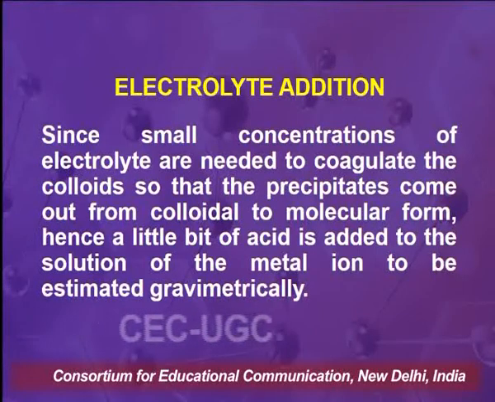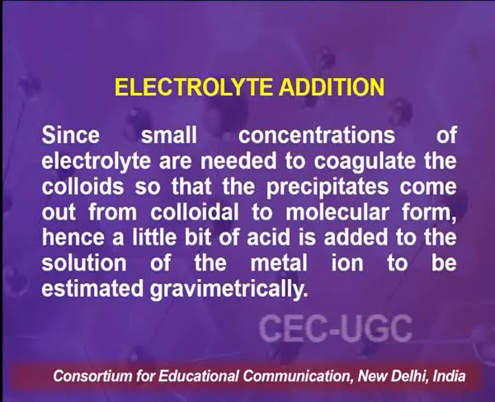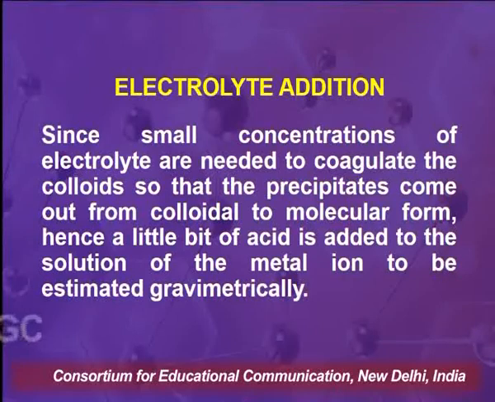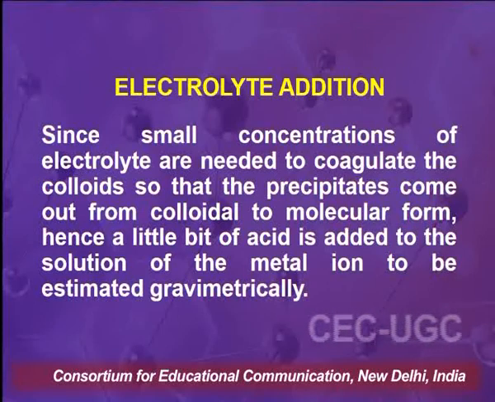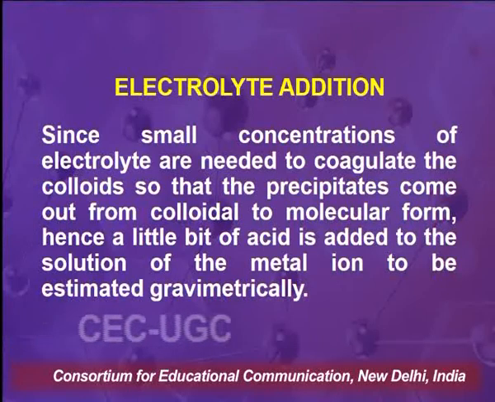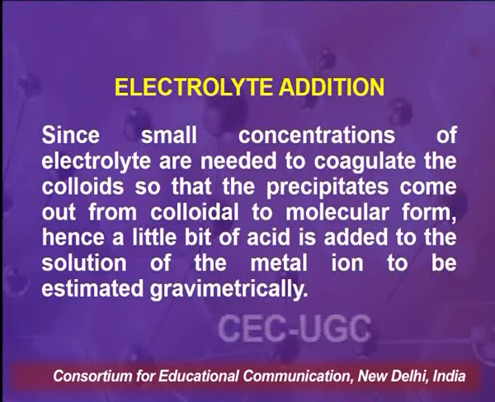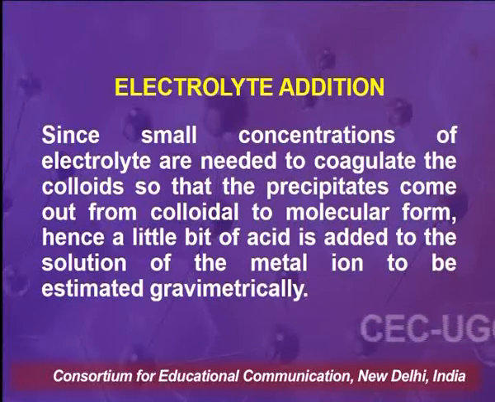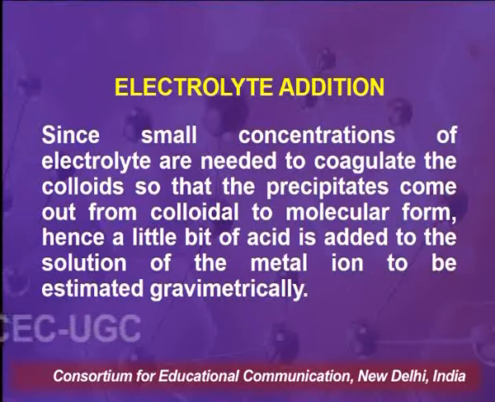So when a solution of a metal ion is taken and the metal ion needs to be precipitated out, according to the precipitating agent which has been added, then before the addition of the precipitating agent, a small amount of acid is also added. That acid behaves as an electrolyte and converts any colloidal form of the precipitate into the coagulated form.